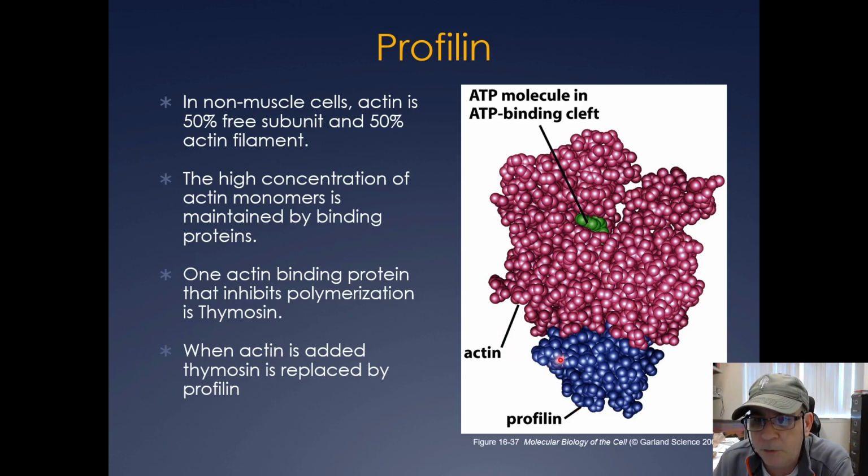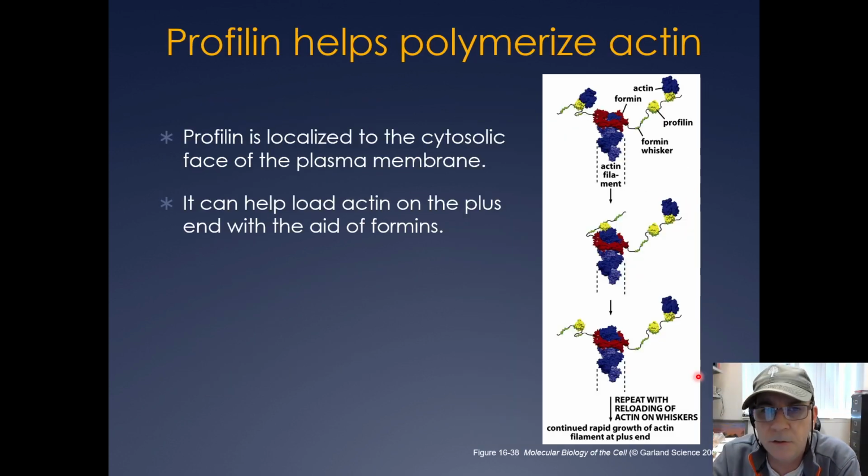If you want the filament to grow, the thymosin is replaced by profilin, and then the profilin can interact with the formins to help add the actin onto the plus end of a growing filament. And here's the mechanism by which that works.